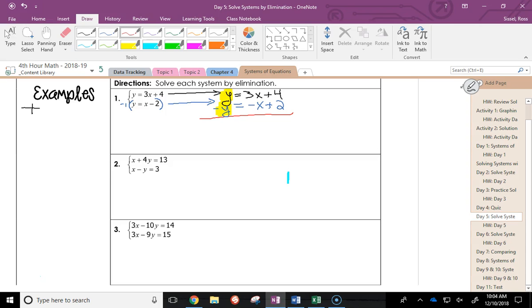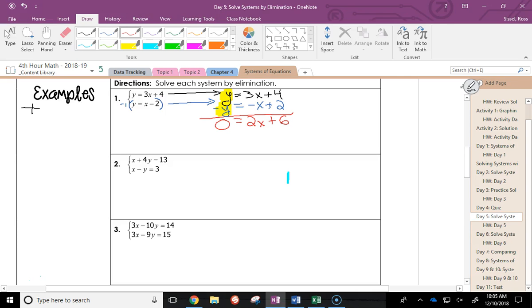We're eliminating. 0. 3x minus 1x. That would be 2x. 4 plus 2. Plus, not multiply. 4 plus 2 is 6.